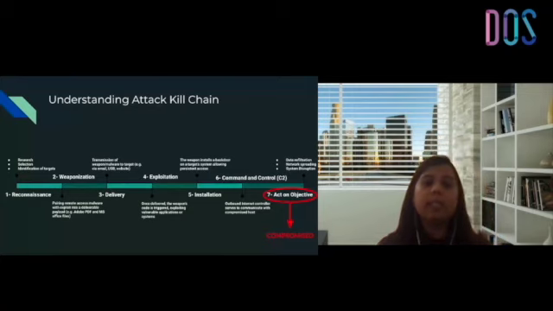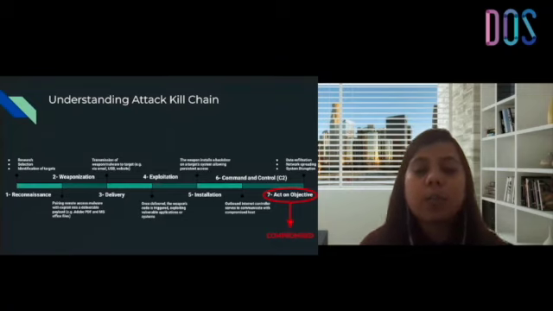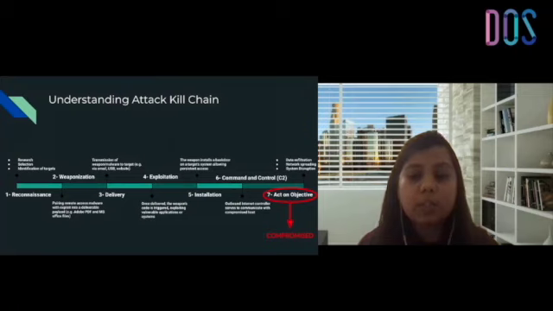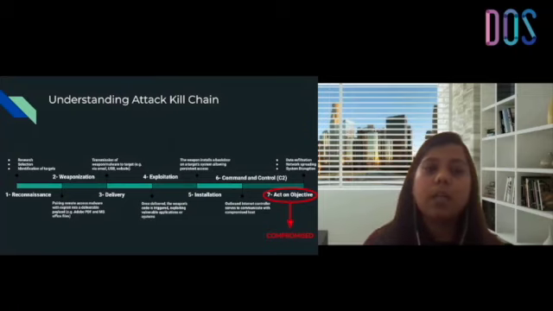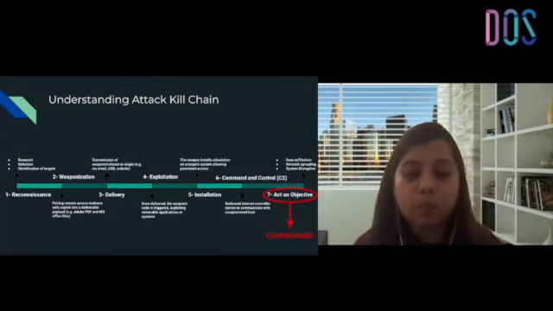Basically, the attacker needs persistent access to the target's system to carry out their objective. Their objective could be anything: data exfiltration, network spreading, system disruption, anything. At point 7, your system or the target has been effectively compromised.